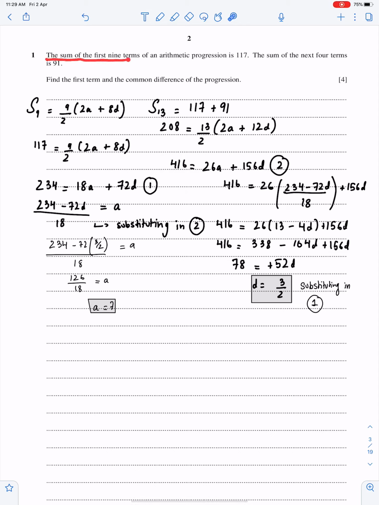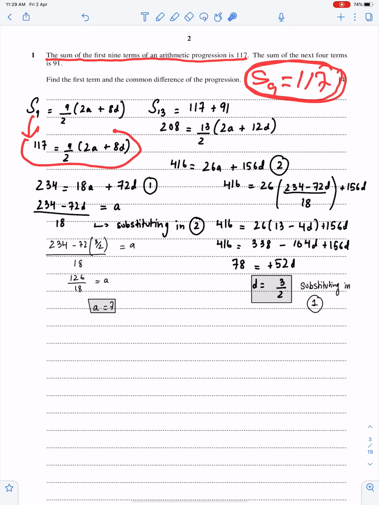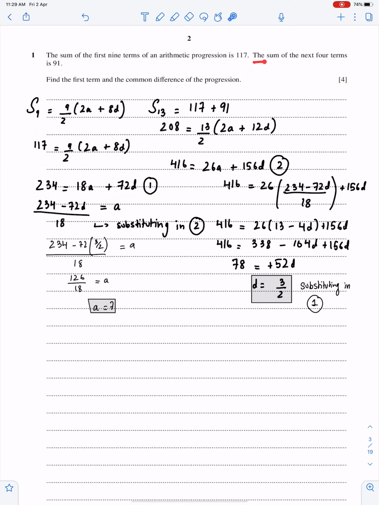The sum of the first 9 terms of an AP is 117. This means S9 is 117. This is the first information, and with the help of this information you can form equation number 1, S9. This is equation 1. Now the sum of the next 4 terms is 91, meaning the sum of first 9 is 117 and the sum of next 4 is 91.